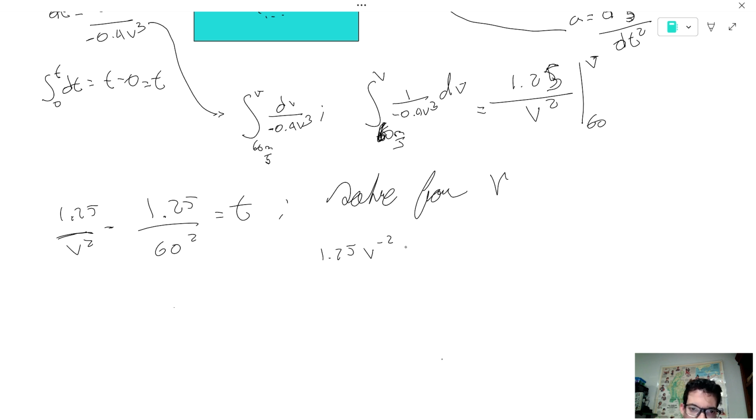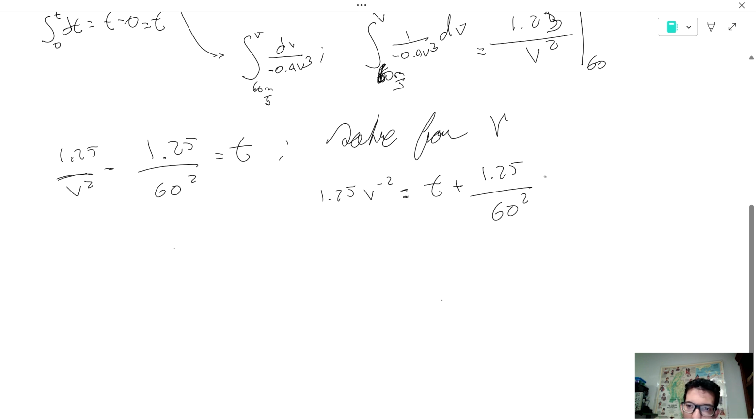You can bring it up with a negative sign, equals t plus 1.25 over 60 squared. Then what we can do is bring this 1.25 over. So v to the negative 2 equals t over 1.25 plus 1 over 60 squared.